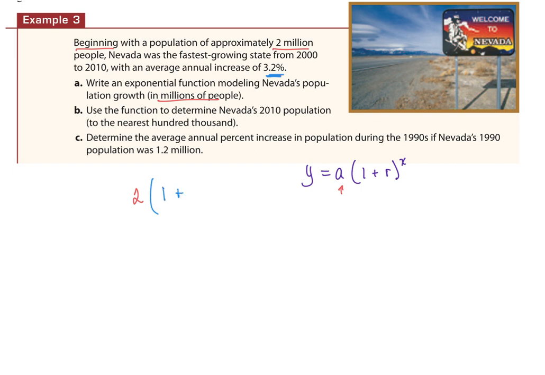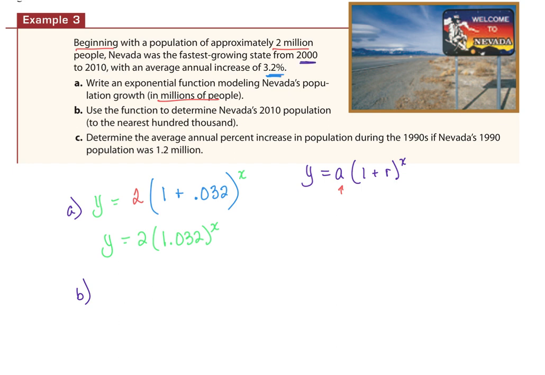So this 3.2% is my R. They gave it to me in percentages, so I'm going to write it in decimals. So they just gave me that piece of it, which means I have my exponential function. And I can rewrite it to go ahead and add that 1 to the 0.032. But that's my growth function. It says use this function then to determine Nevada's 2010 population.